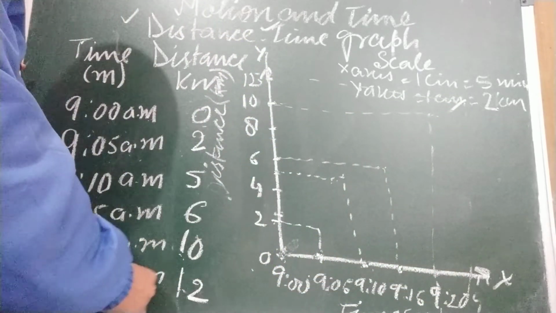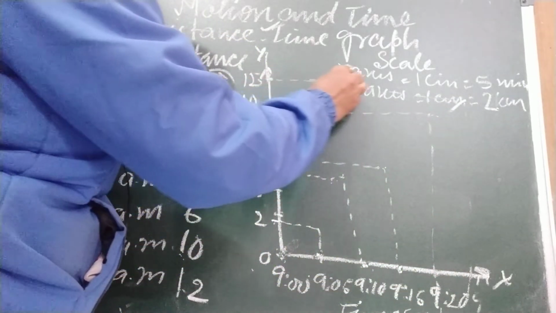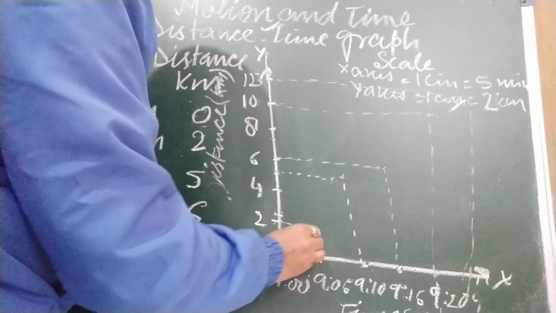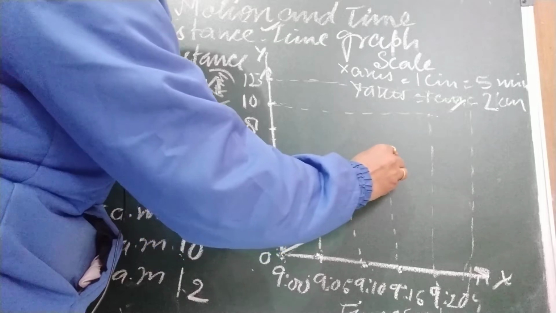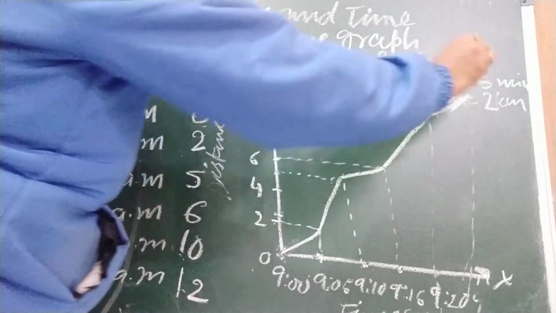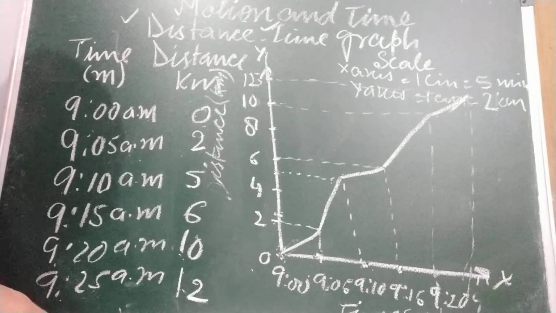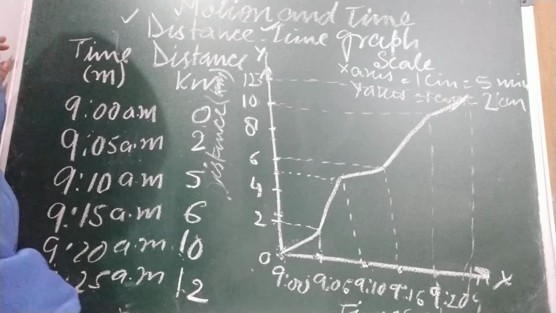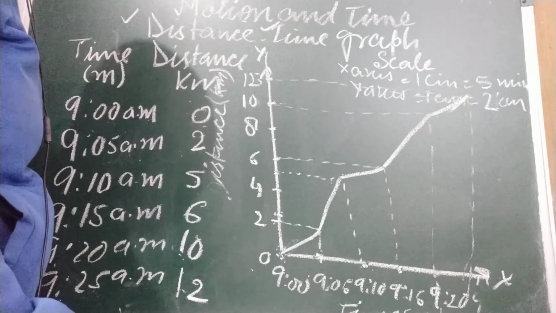And at 9:25 at 12. So we are seeing here we are not getting a straight line. So when we get such a graph, we will say that the vehicle is moving with non-uniform motion.